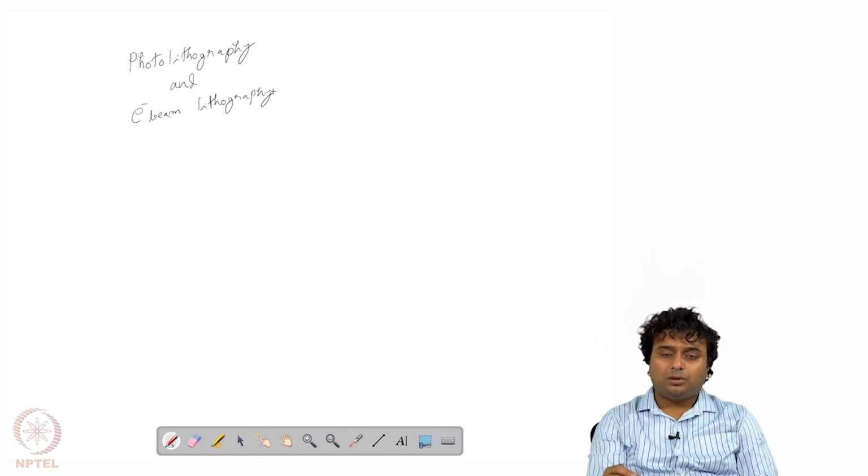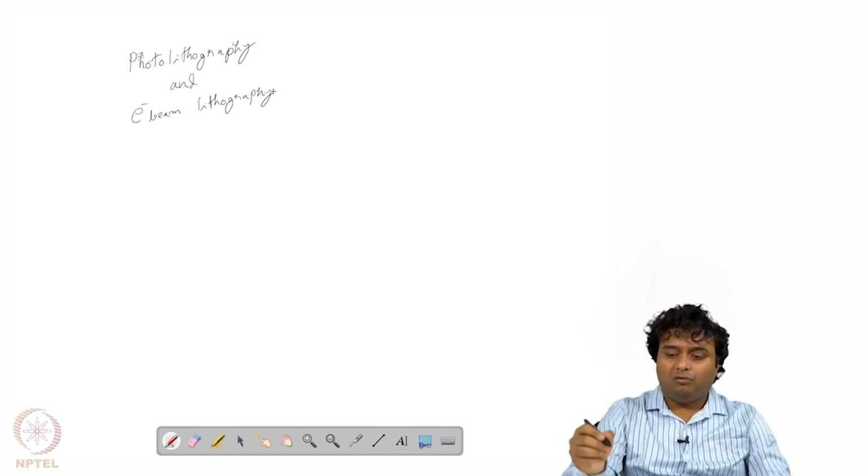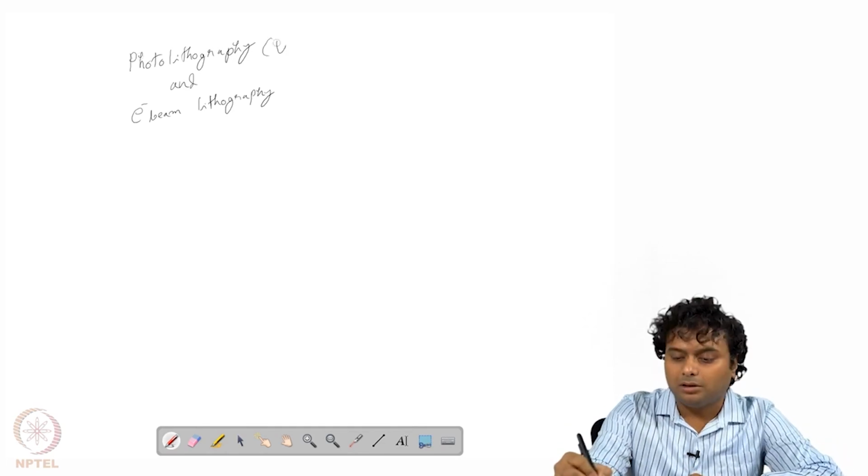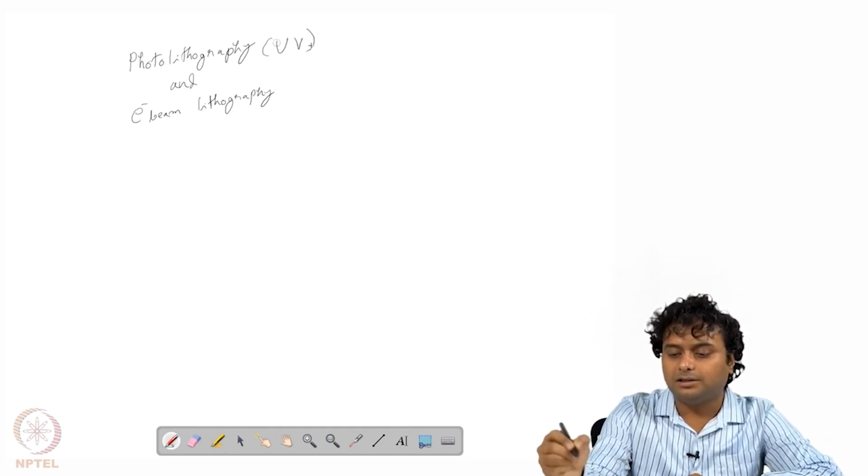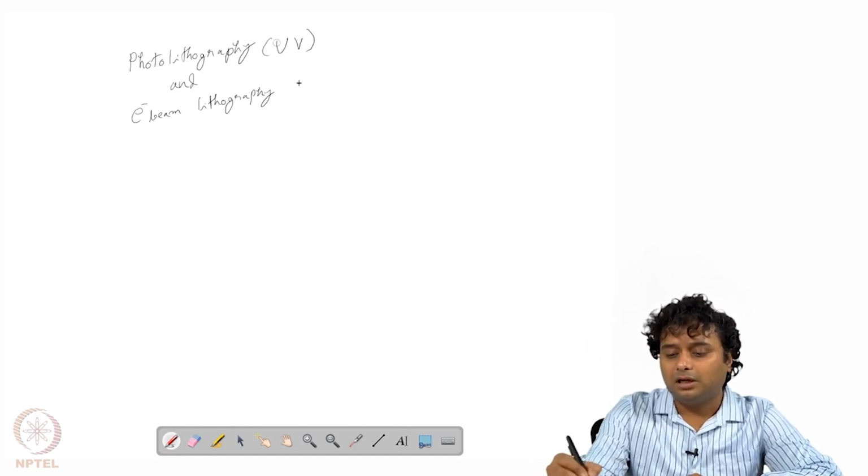Now, what we do in photolithography or E-beam lithography, we actually use UV light for photolithography. UV means ultraviolet, okay. So, ultraviolet light for photolithography, and we use electron beam, as the name suggests, for E-beam lithography.